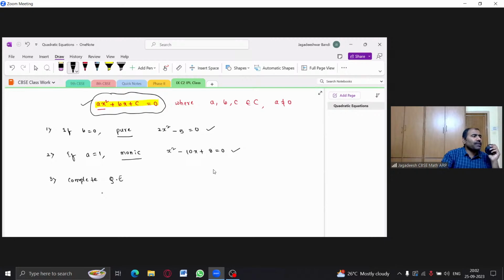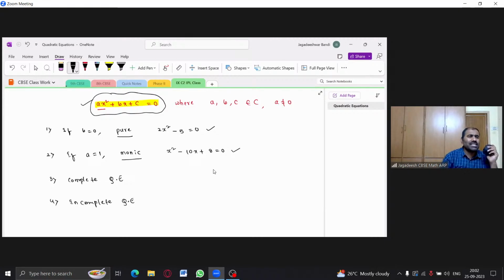I'll just write QE. And fourth one, incomplete quadratic equation. Okay. So we have discussed what is pure quadratic equation and what is monic quadratic equation.